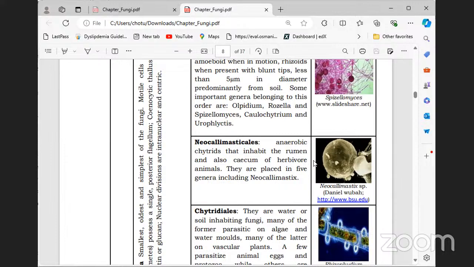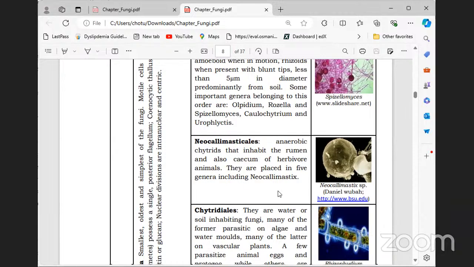Along with inhabiting the rumen, an animal characteristic is present, the herbivorous type. They are placed in five genera, including Neocallimastix. See, this is a picture.